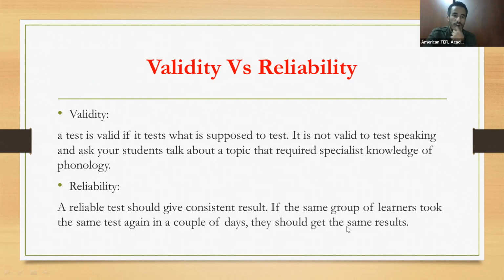If all of them got good marks today, but next week they got bad marks, that means the test is not reliable. It means there is something wrong. Maybe they were cheating or something else happened.